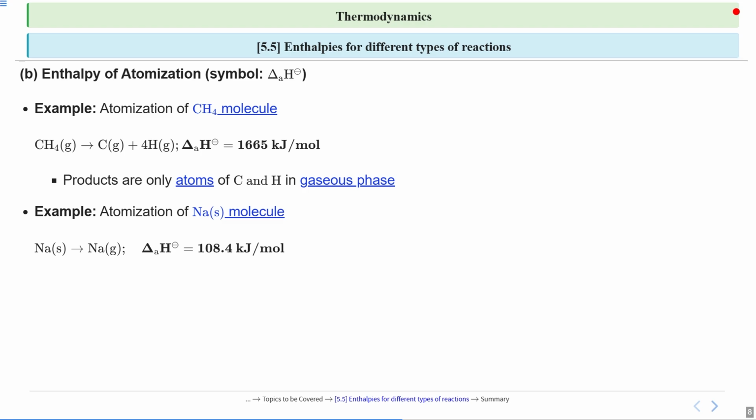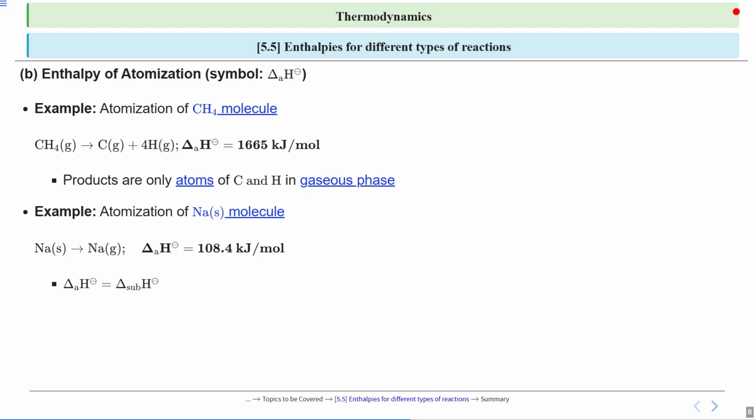Why are we breaking it further or putting it in the gaseous phase? Because our definition says that atomization will only and only take place when the atom is present in the gaseous phase. So for the atom to be converted into the gaseous phase, we have to give energy of 108.4 kilojoule per mole of the sodium solid.